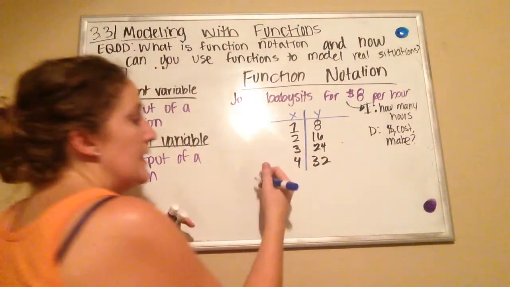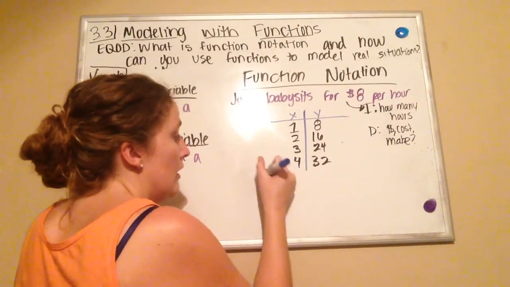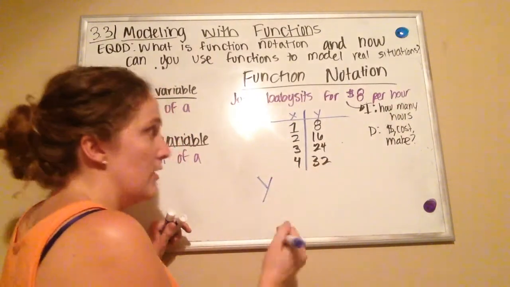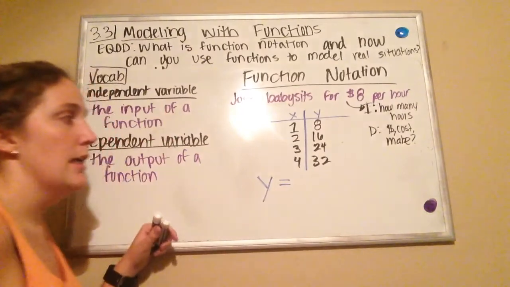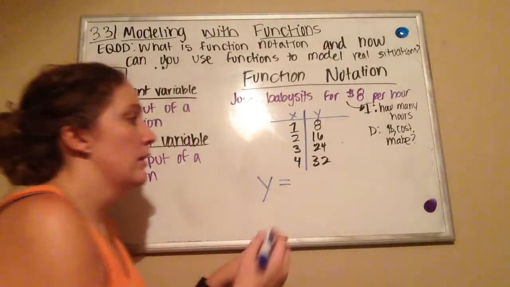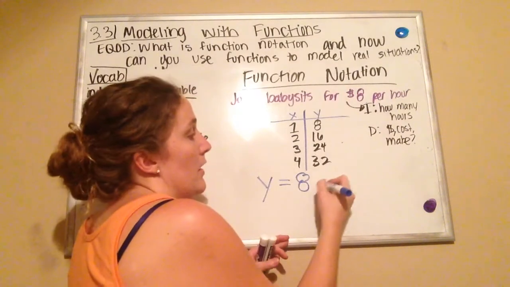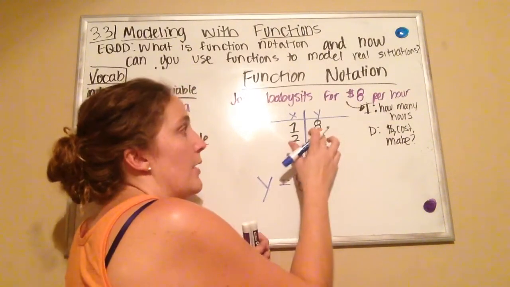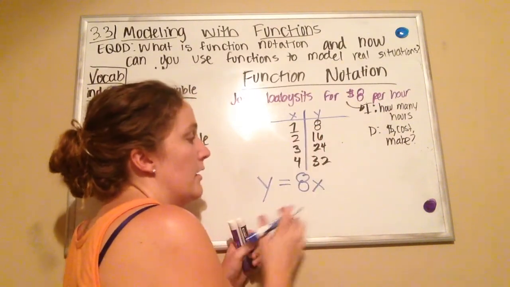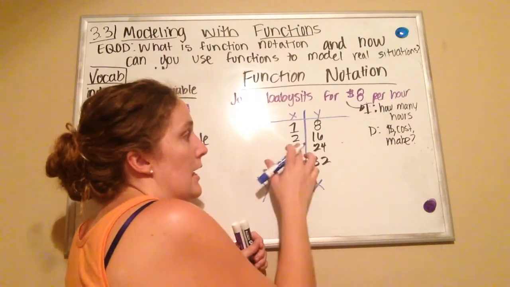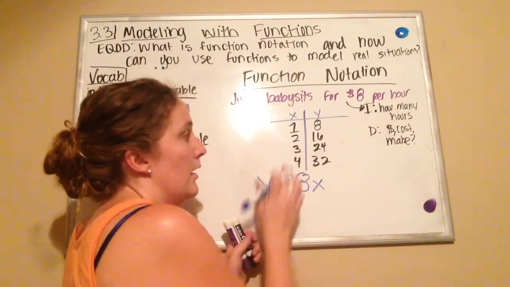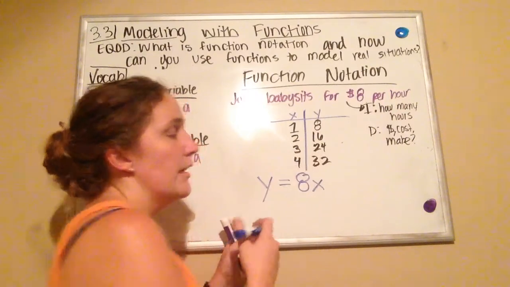So let's think, our y values, which is how much Jose is going to make for babysitting, is going to equal $8 times the number of hours. So 8 times 1, right? 8 times 2 would give us 16. 8 times 3 would give us 24, and so on.